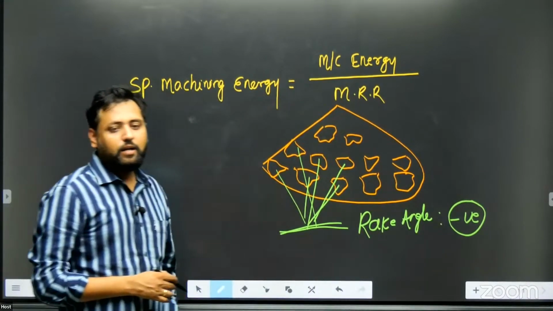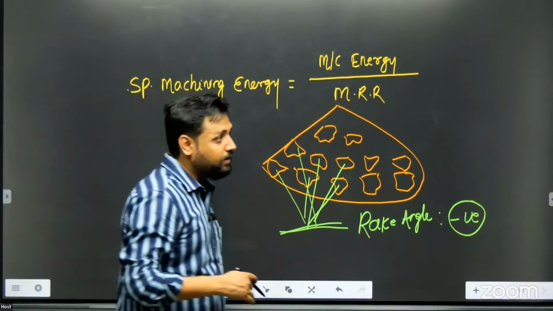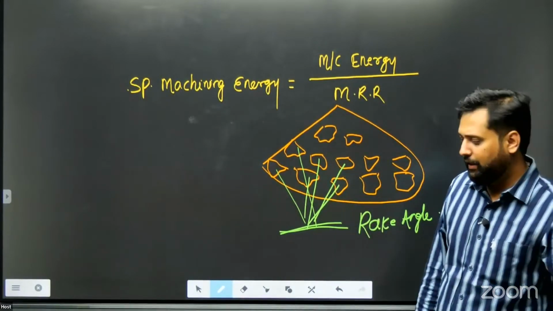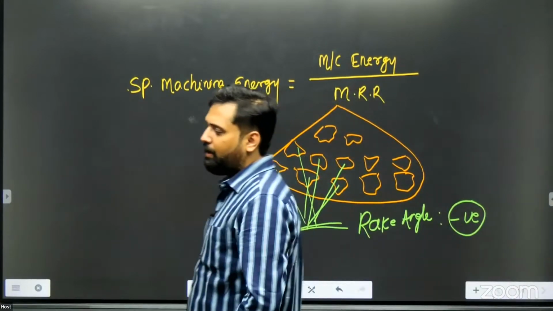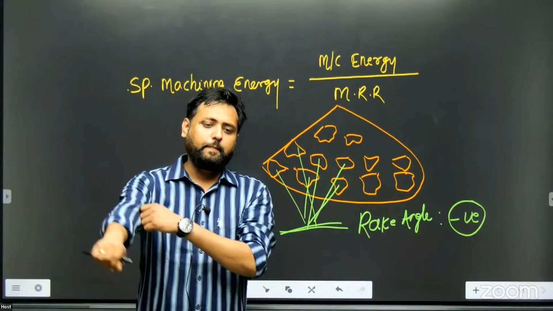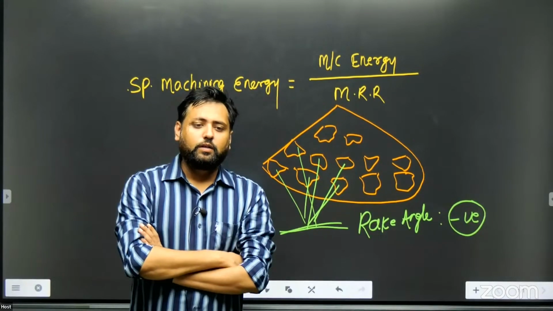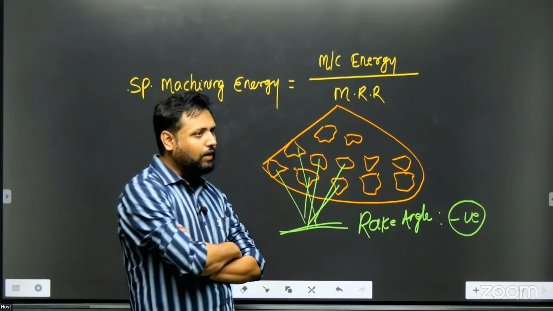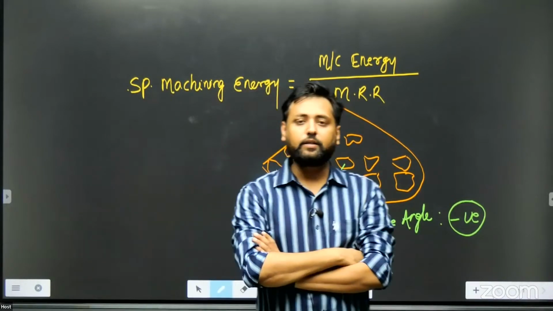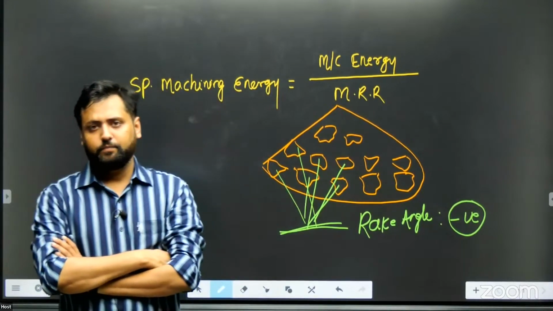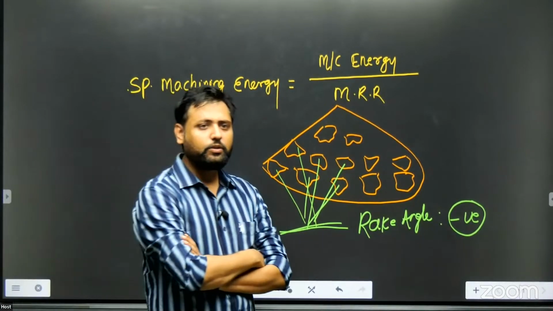Negative rake angle does not mean that it will not do machining. If it is too much negative, then it will not be able to shear, it will only do plowing and rubbing. But if, out of 1,000 grits, some 700, 800 have negative rake, they will still be able to shear the material.